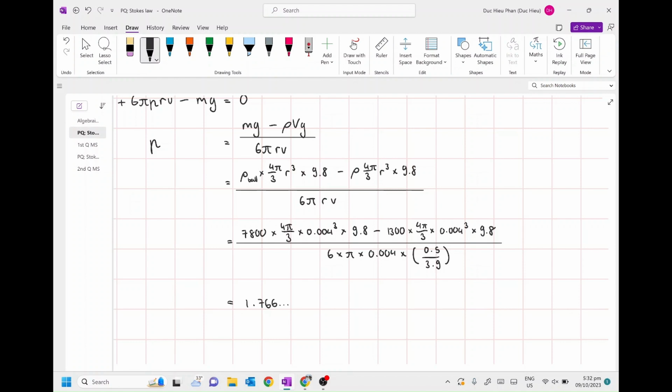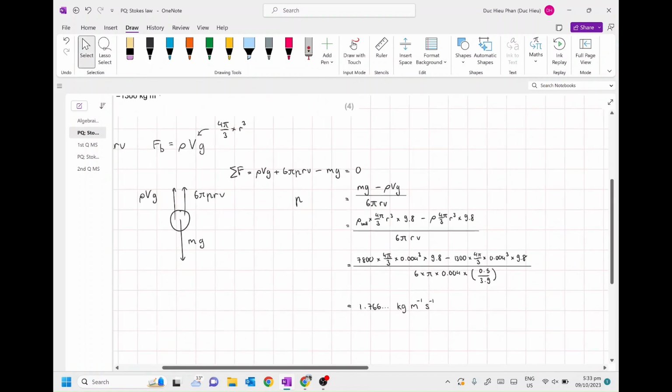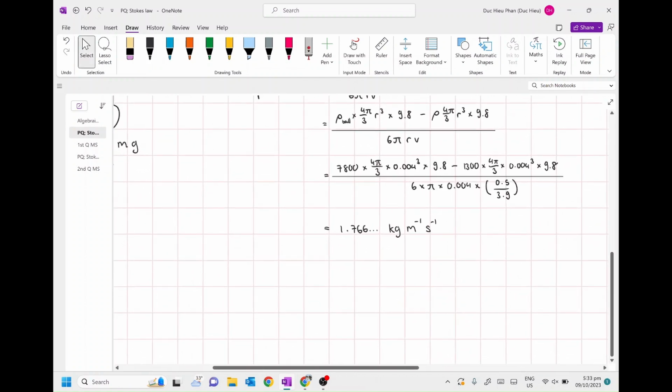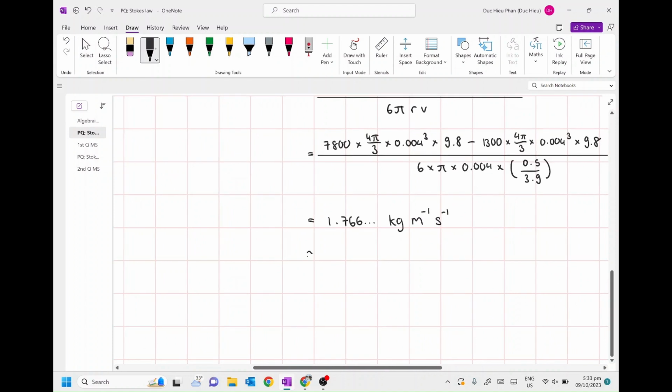Well, whatever it is, I know it. Okay, so the unit for this is kilograms per meters per second. All right, my bad, guys. Should have prepared better. So this is the answer here, and we're going to round it to 2 significant figures.